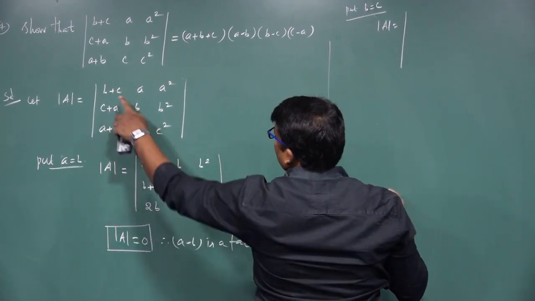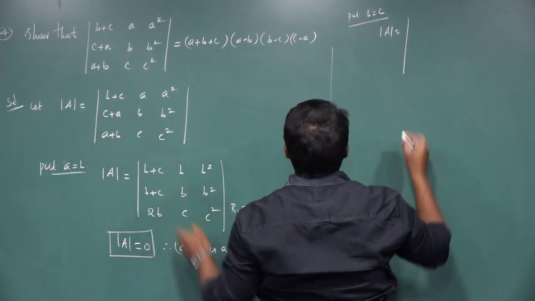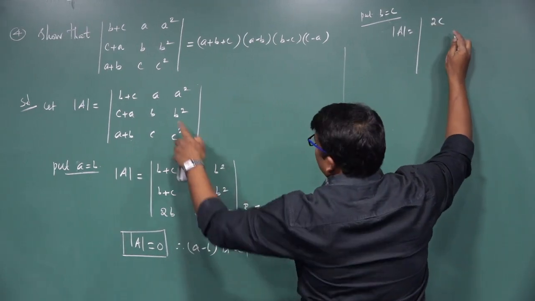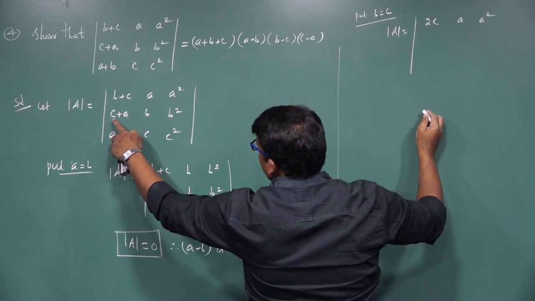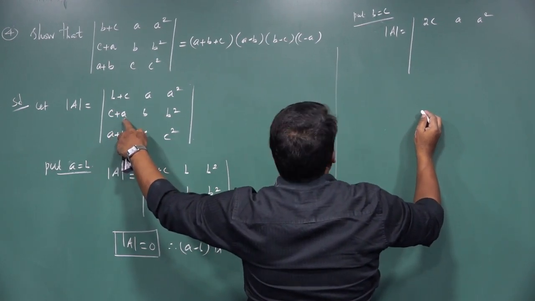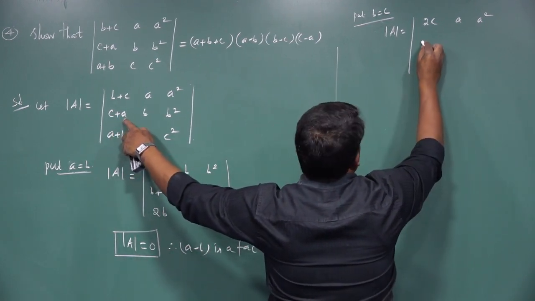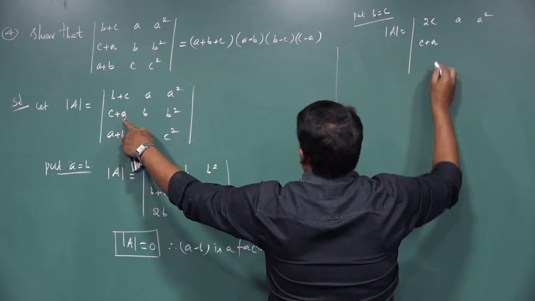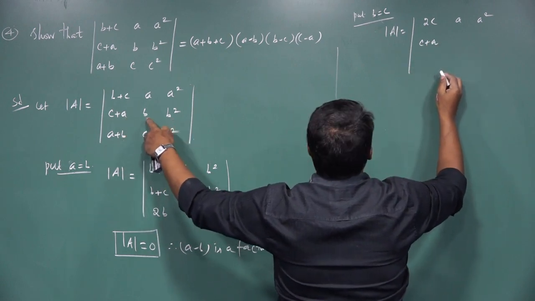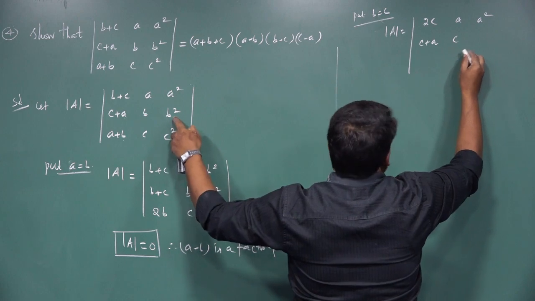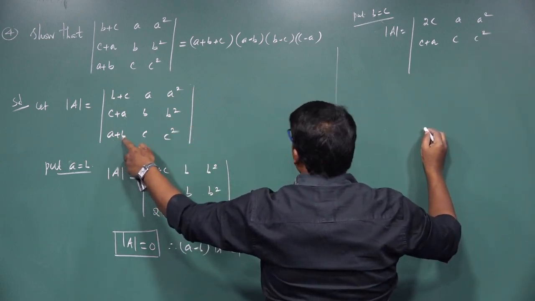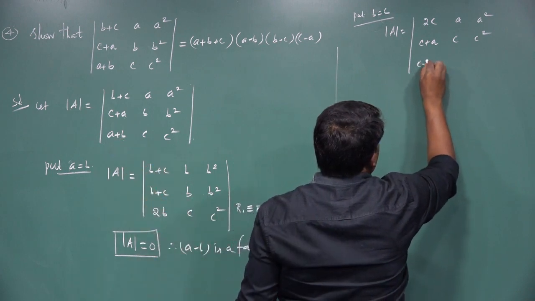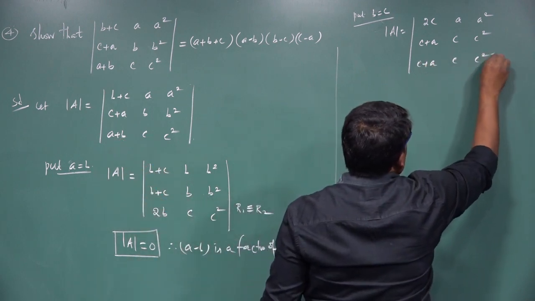With b equal to c: the first row is c plus c, 2c, a square, a square. Next, c plus a, b square, b value is c, c square. Next, a plus b, b value is c, so c plus a, c square.